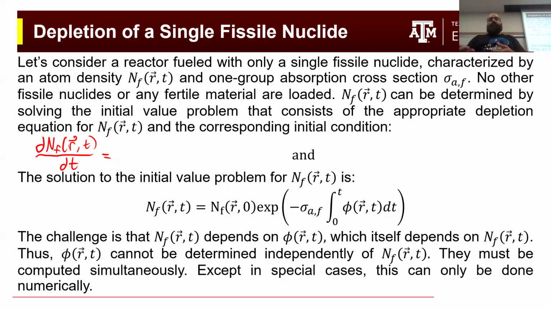So the only thing on the right side is a loss due to absorption of my fuel. The loss term looks like an absorption rate density: a minus sign, times my flux, which depends on position and time, times my number density of fuel, which depends on position and time, times the absorption cross section of my fuel.